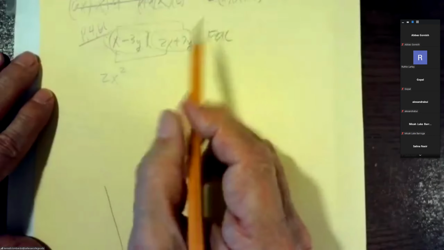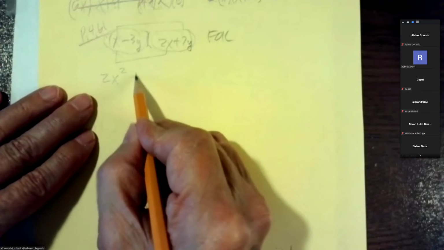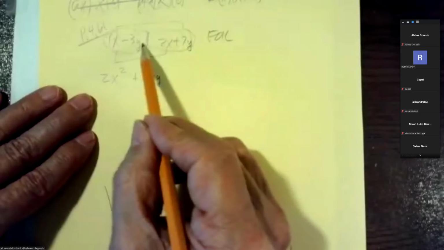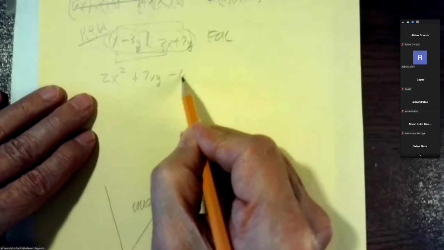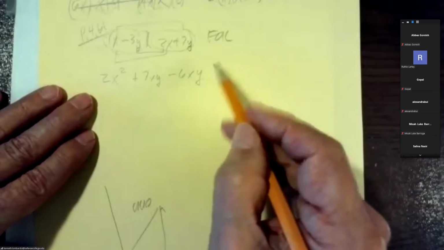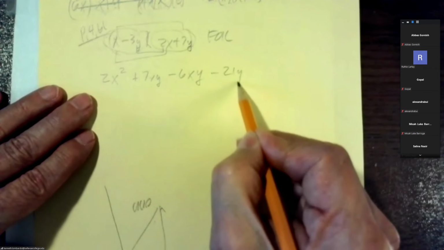Outer gives me 7xy. Inner gives me negative 6xy. And last gives me negative 21y squared.